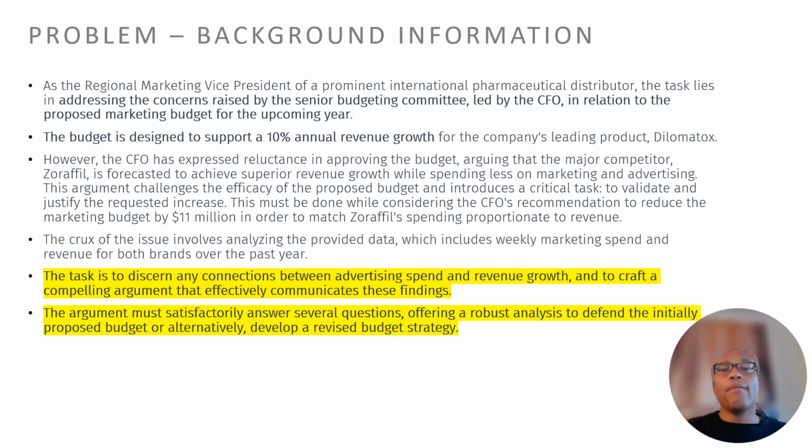The argument must answer the questions listed in the problem to essentially defend the initial proposed budget or develop and submit a revised budget. So essentially the case study is a real-world example of what a marketing VP, a marketing director would have to do on a yearly basis as it pertains to justifying budget allocation and what that budget allocation is going to return in terms of the investment.